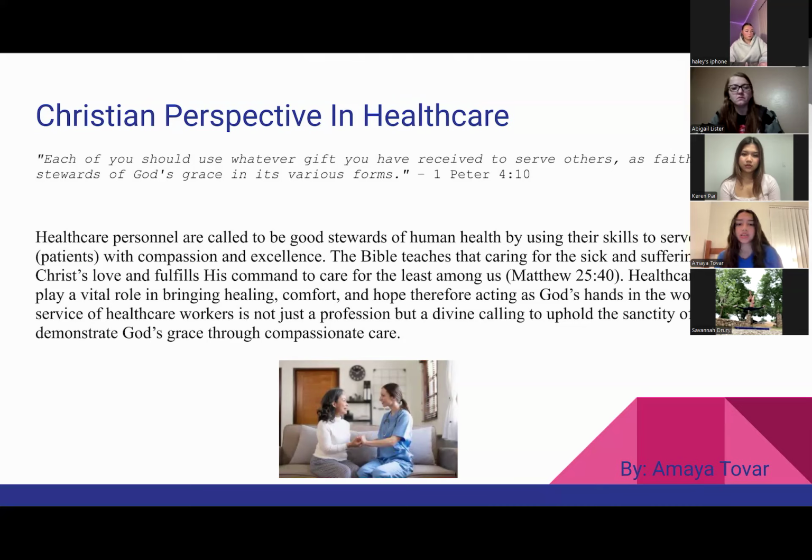The Bible teaches us that caring for the sick and suffering reflects Christ's love and fulfills his command to care for the least among us. Healthcare workers play a vital role in bringing healing, comfort, and hope, therefore acting as God's hand in the world. The service of healthcare workers is not just a profession, but a divine calling to uphold the sanctity of life and demonstrate God's grace through compassionate care.